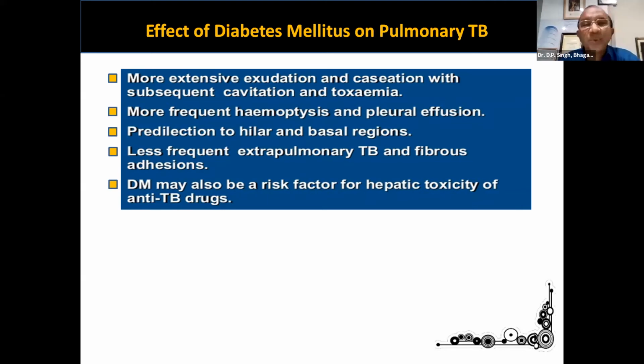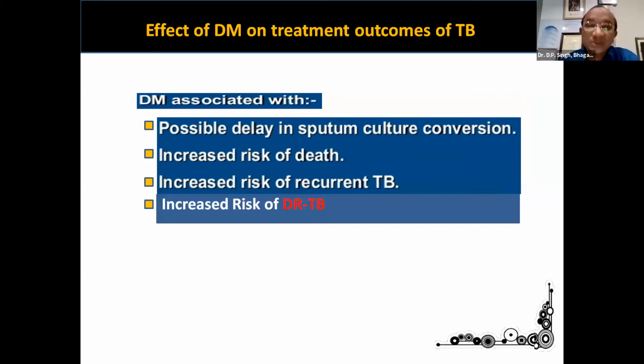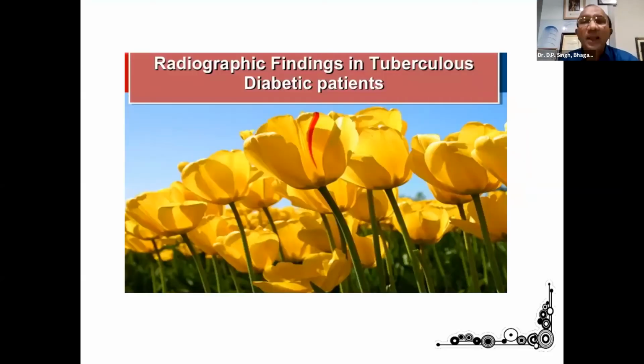And once you treat the patient, the outcome may be poor, with possible drug-resistant tuberculosis. So radiological appearances are atypical. There may be involvement of lower lobe tuberculosis with cavitation.